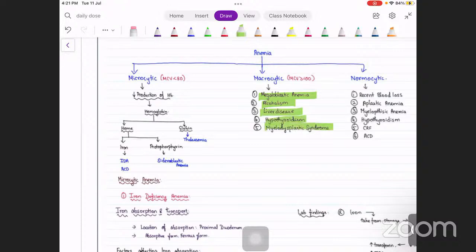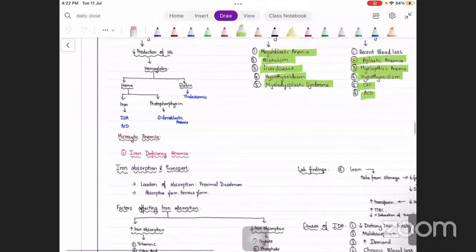Normocytic causes are aplastic anemia, myelophthisic anemia, hypothyroidism, chronic renal failure, and anemia of chronic disease. While microcytic anemia is due to decreased production of hemoglobin.